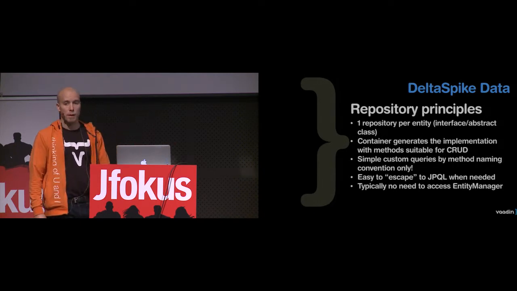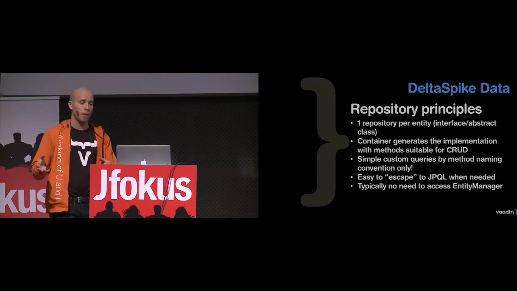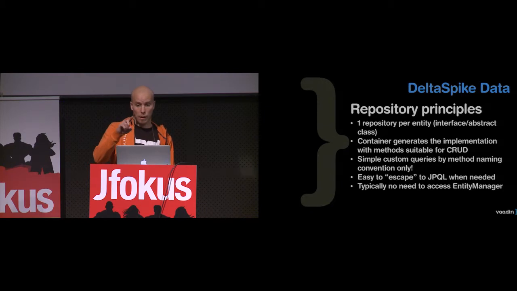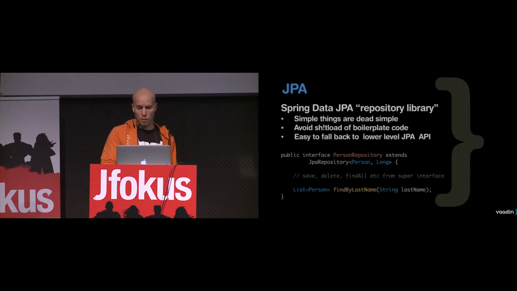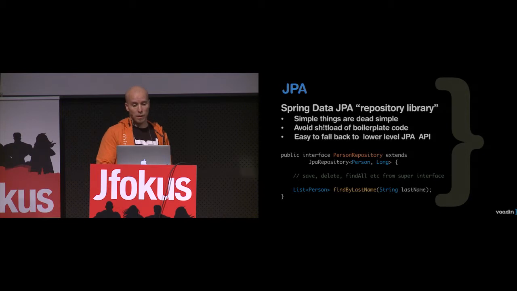And if there are some complex cases, and there will be some complex cases, then you can pretty easily go all the way back to JPQL and define this JPQL for only this one complex method. And you can just give an annotation, for example, into that kind of interface that there was for Spring Data here. You could add a query annotation there and explicitly define the query there.